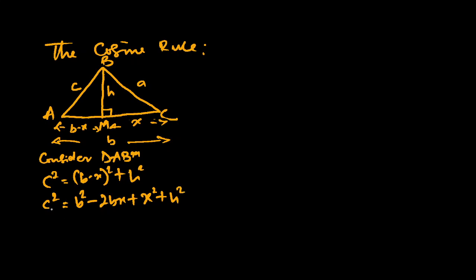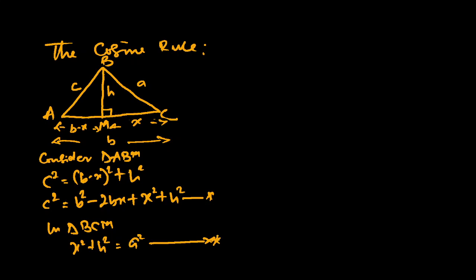Let me just call this one equation star, so we can come back to that later. Now consider triangle BCM. The Pythagoras theorem there is going to be x squared plus h squared equal a squared. So that is equation 2.